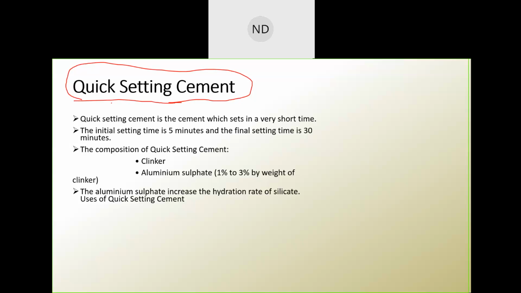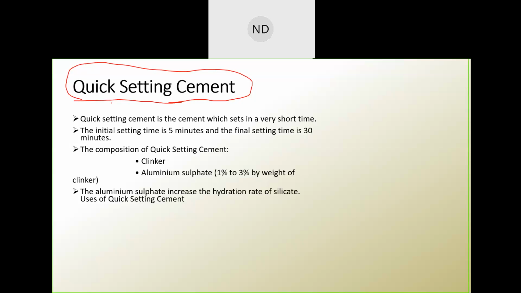Quick setting cement means it will set, okay, it will take the shape whichever you're giving. Like you are laying on the road, suppose it is horizontal, it will set fast. That means whichever shape you're giving, it will set and it is not going to get deshaped, okay?